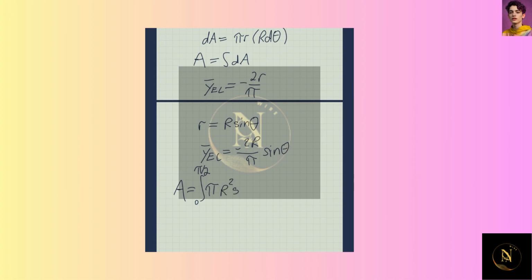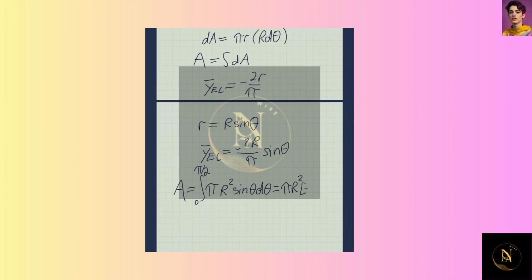And then we can plug in the dA we found, and also plug in terms of the capital R for the radius of the hemisphere.